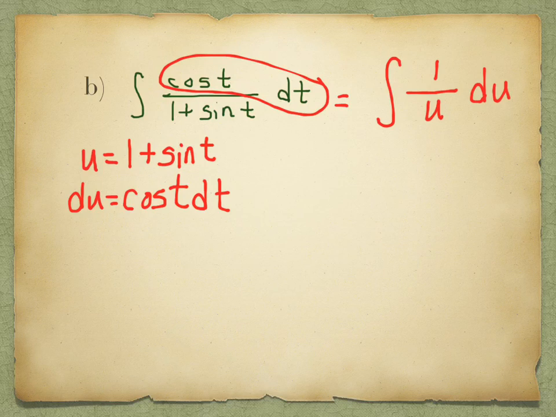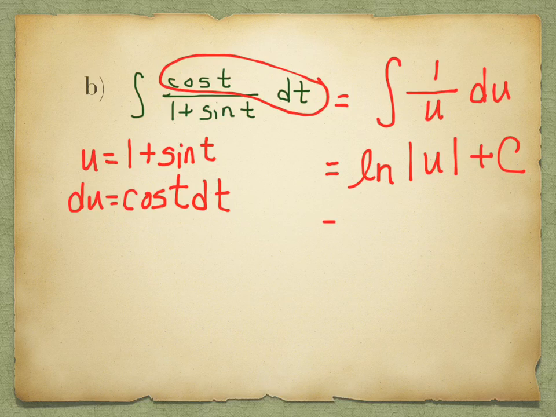And then that should look like something you know. What is the antiderivative of 1 over u? ln of? Close. Absolute value of u. Nobody said it, but I know you know. Plus c, right? Yes, it is plus c.